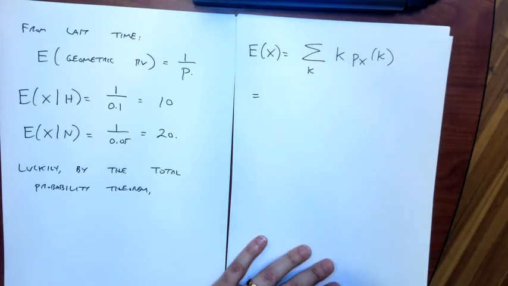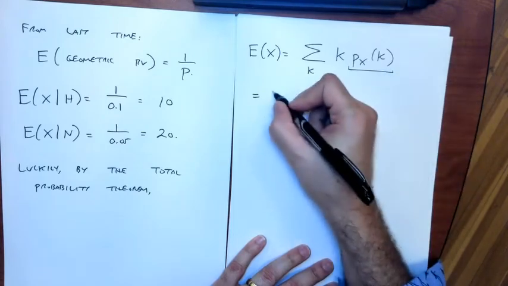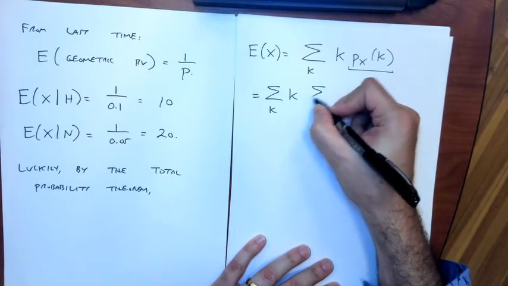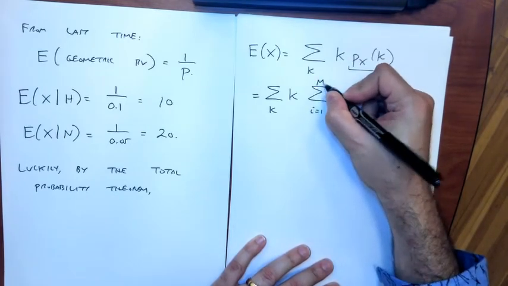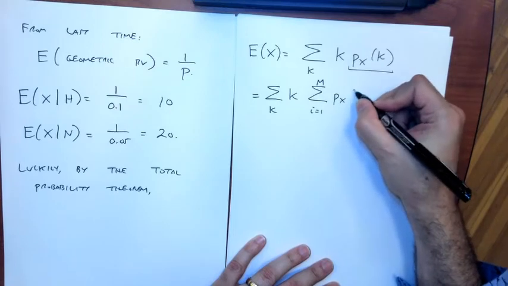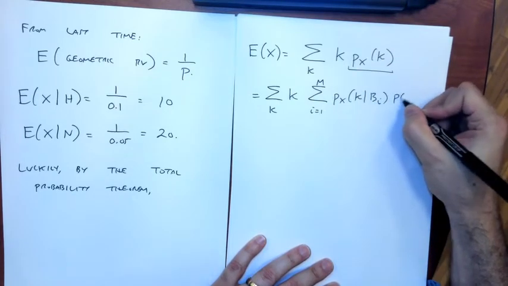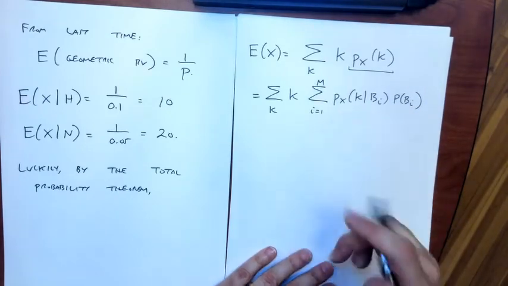And now I could say, okay, well, I could break this thing up as the sum over the states of nature that I might possibly have, right? These are like the conditional PMFs, weighted by how likely that is to happen.